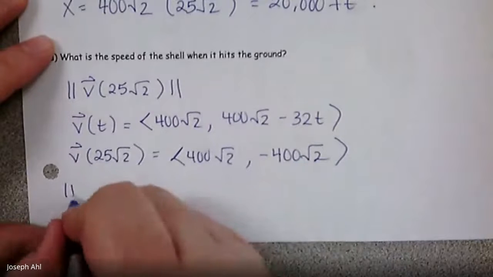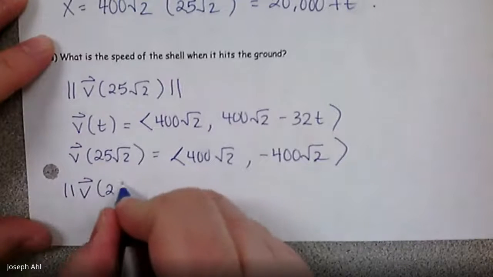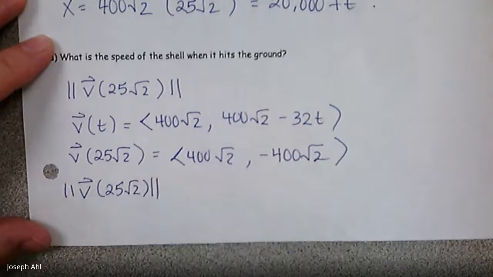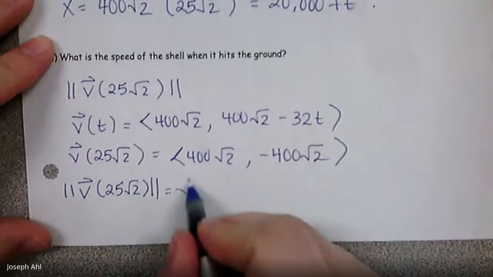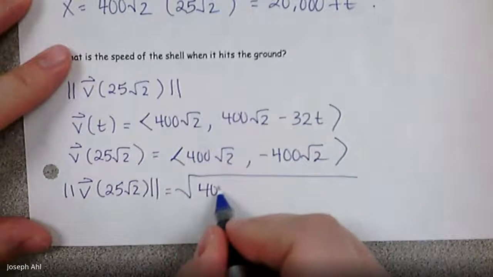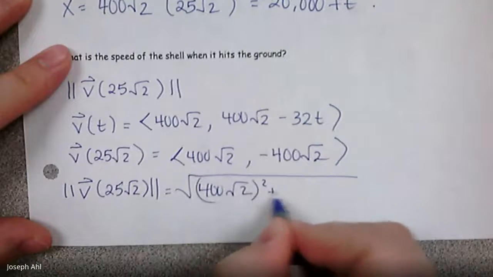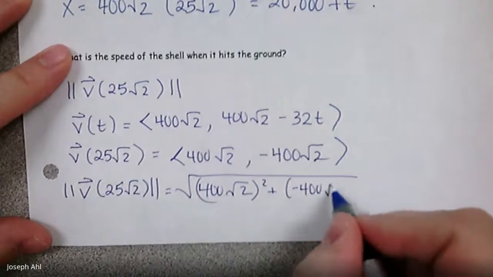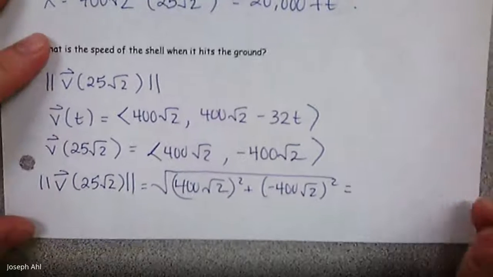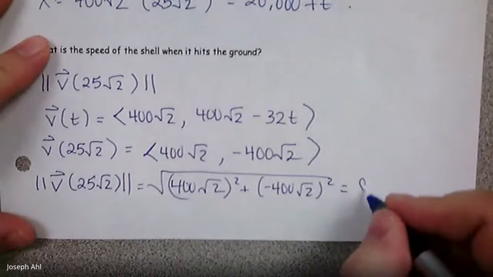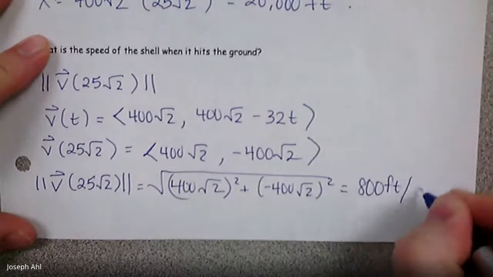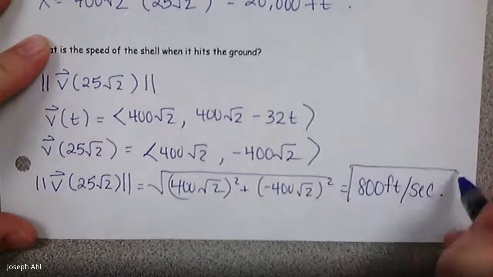Therefore, the magnitude at that time to get the speed would be the square root of 400 radical 2 squared plus negative 400 radical 2 squared. And if you type that in, you wind up getting that the speed is 800 feet per second.